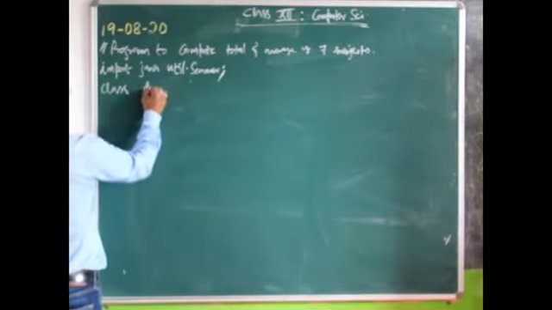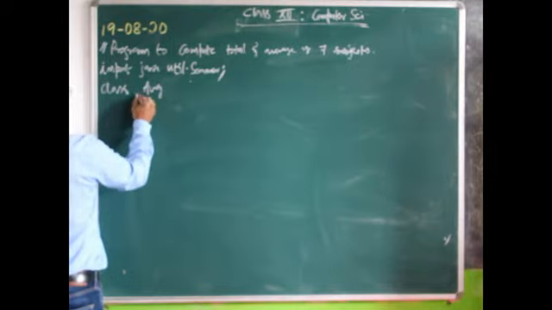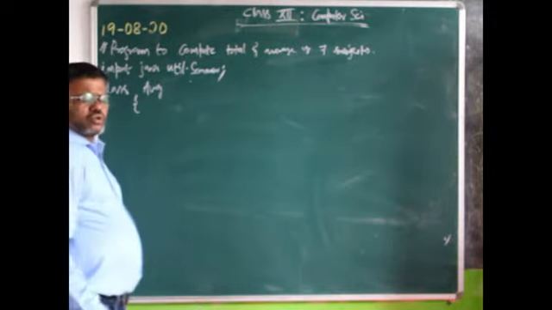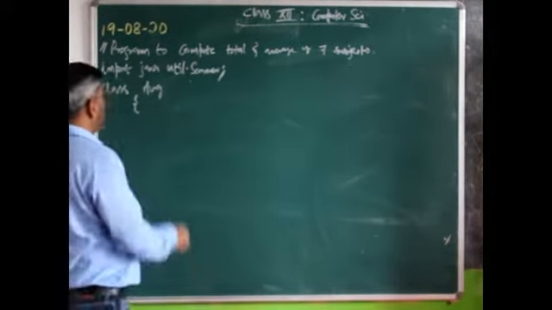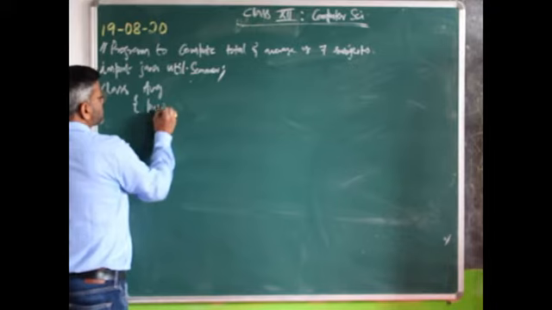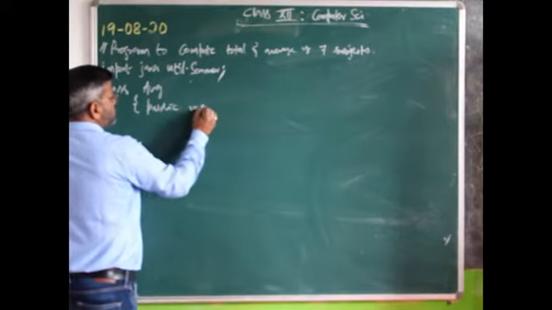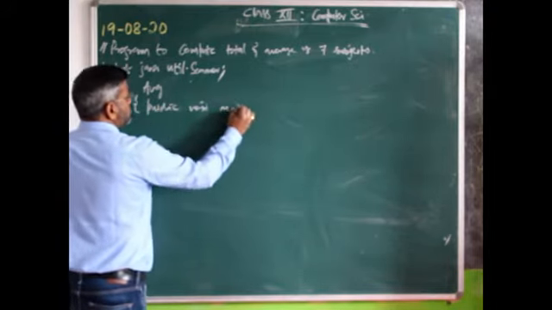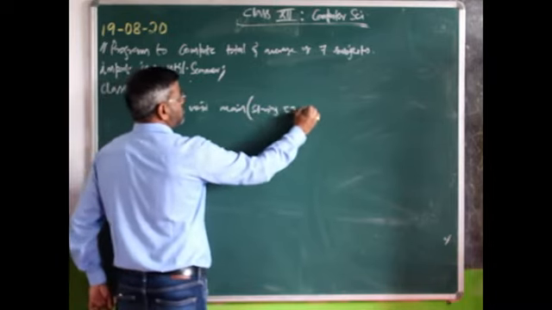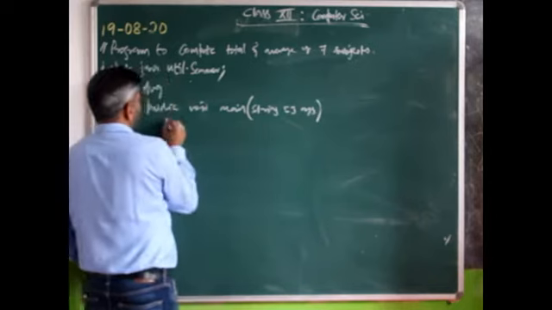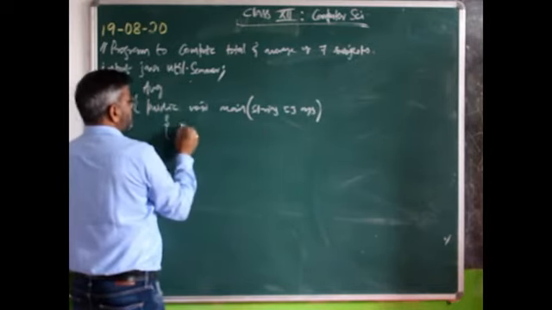What am I going to do? Average. We are going to find out the average. What do you do here? Write here the main method, public void. I use a Scanner class.